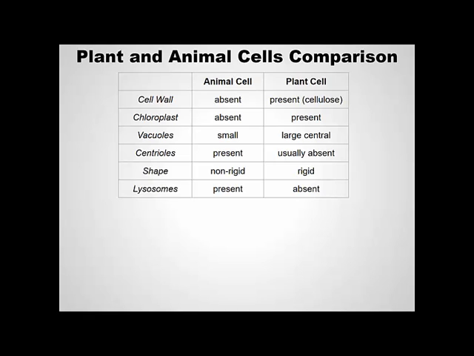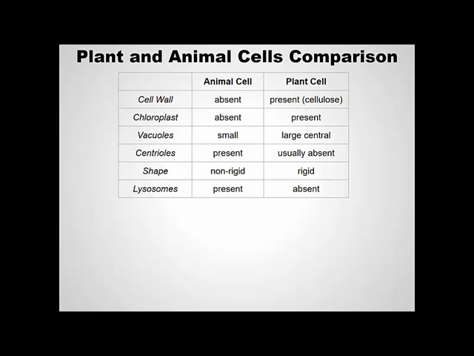We often will also compare plant and animal cells. There are other types of cells. These aren't the only types of cells. Fungi have cells that have some of these characteristics. But often we'll compare plant and animal cells and how they are similar and different. The similarities and differences are in their structure. Animal cells are missing some of the organelles that plant cells might have.